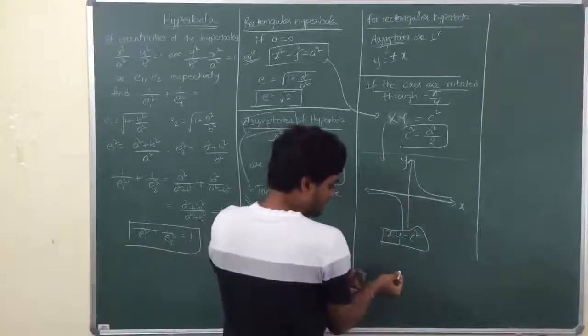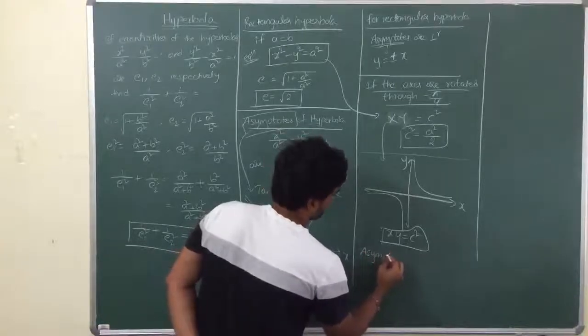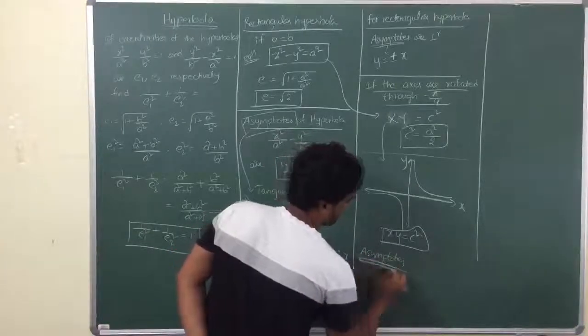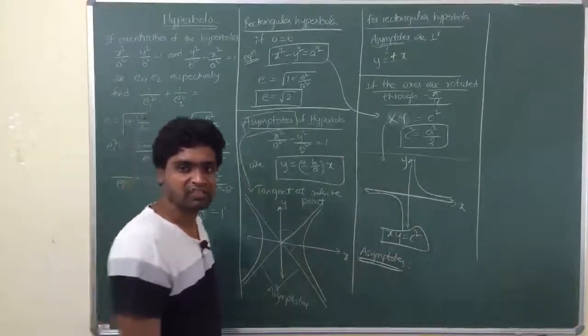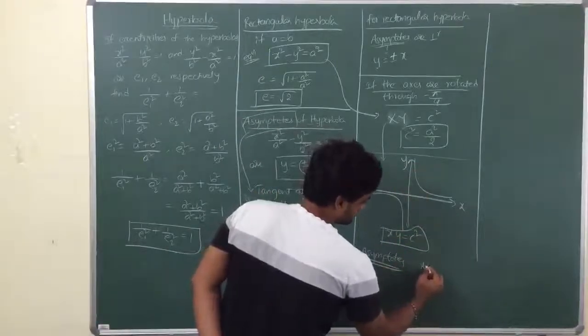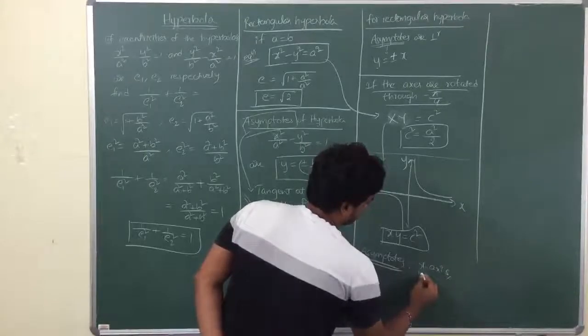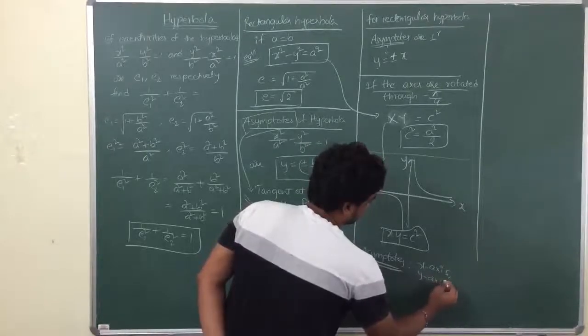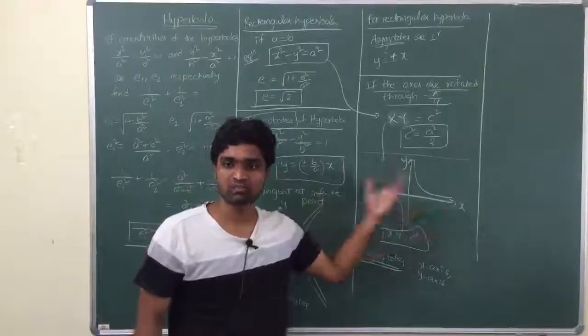Now what are the asymptotes of this hyperbola? Asymptotes of xy is equal to c square, x and y axis. See, x and y axis are the tangents at infinite points for this one.